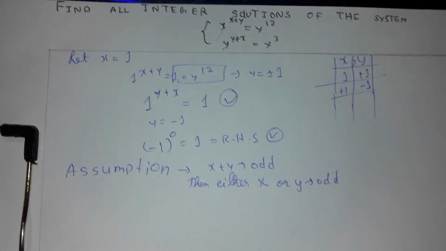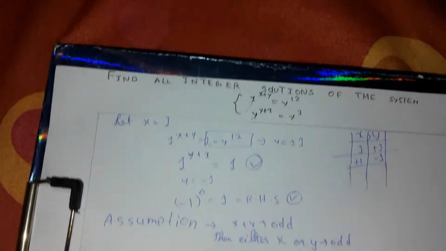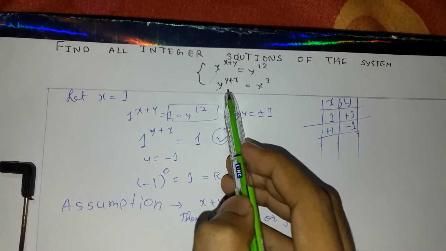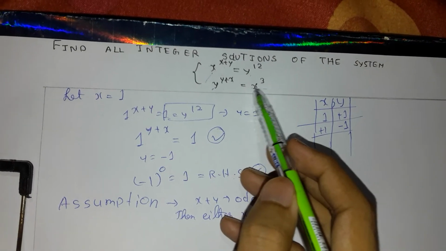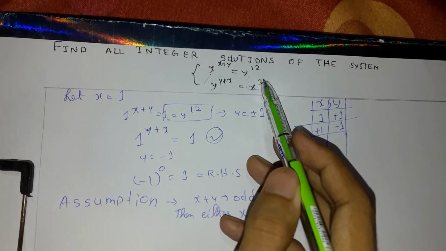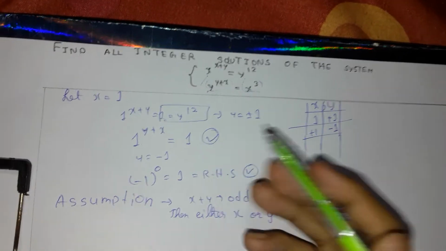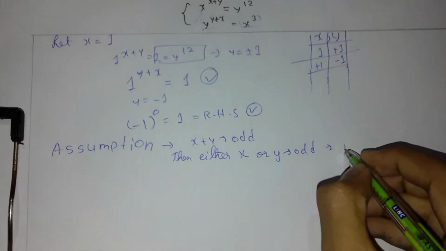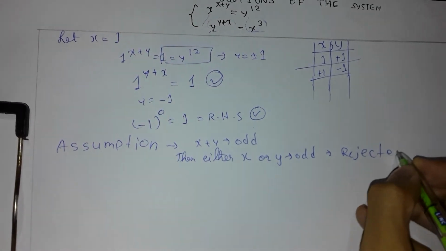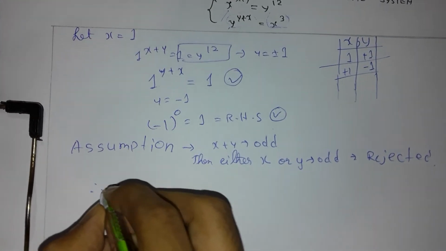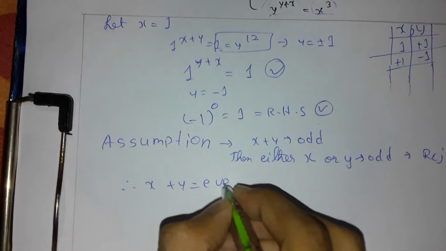Now if x or y is odd, then look at this: one side is odd and the other is even. So this has to be even and this has to be odd, which is not possible. So obviously this is rejected. So we are only left with x plus y being even.